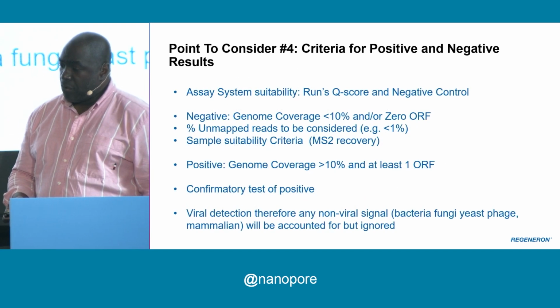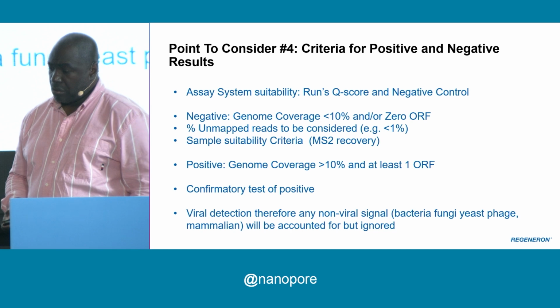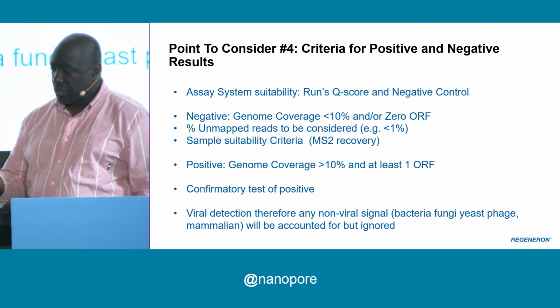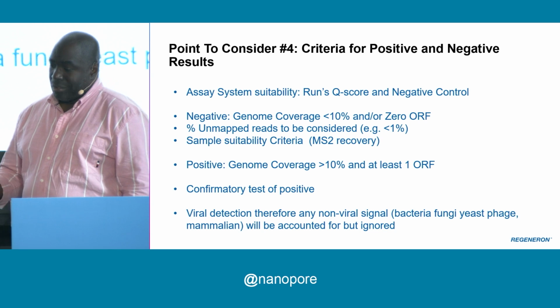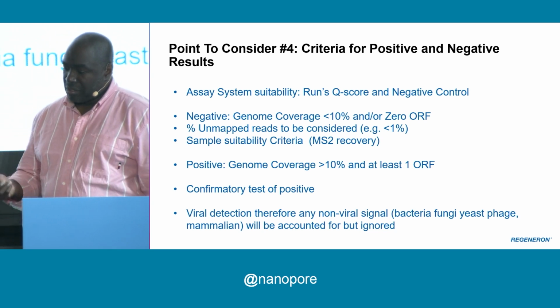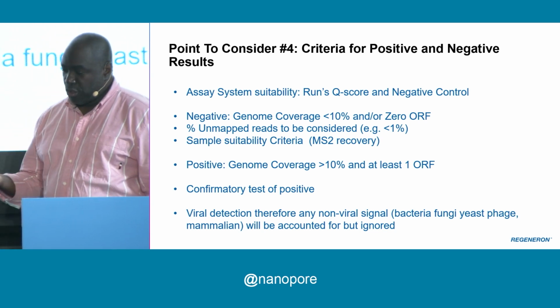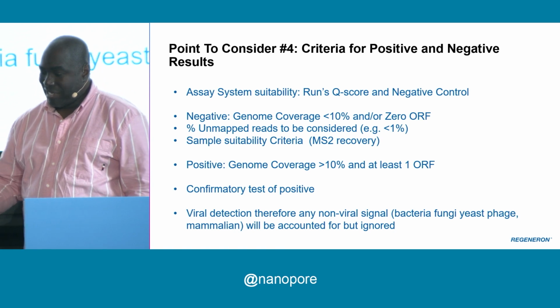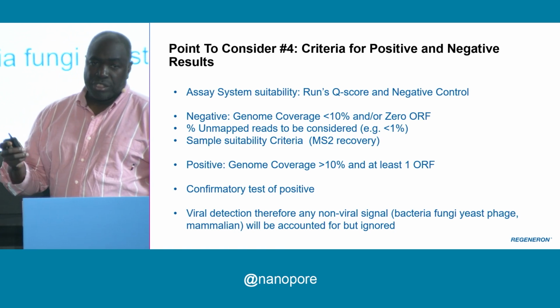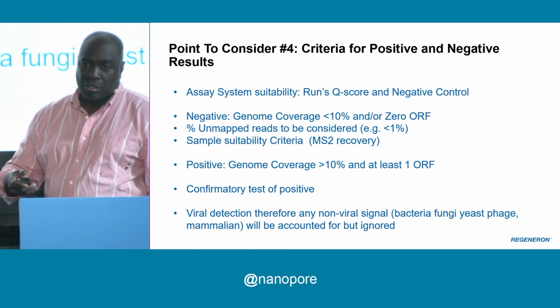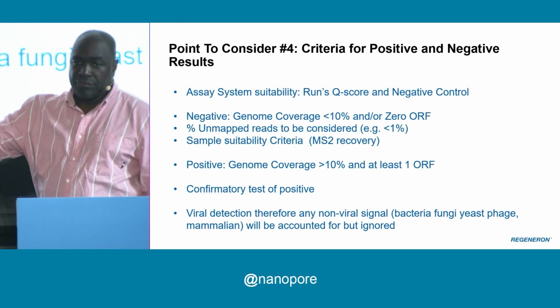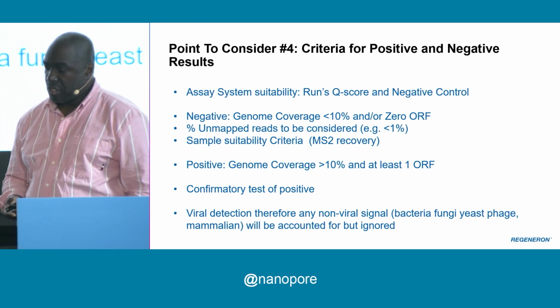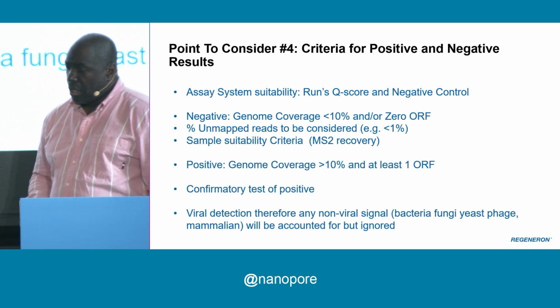The criteria for positive and negative results. Here we have a system suitability with the Q-score and the negative control. The Q-score is not something that we give a huge weight to. We just say, if you have your Q-score above 10, it will be sufficient to determine if you have an adventitious agent or not.